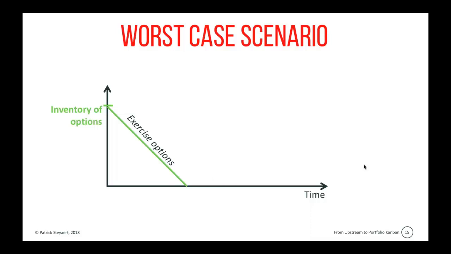We're so focused on finishing work that our full focus is on exercising the options up to the point where our options inventory is empty. At that point, we can start focusing on creating new options, but there's a delay.